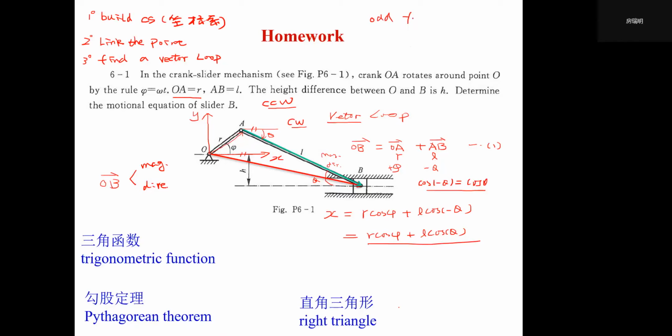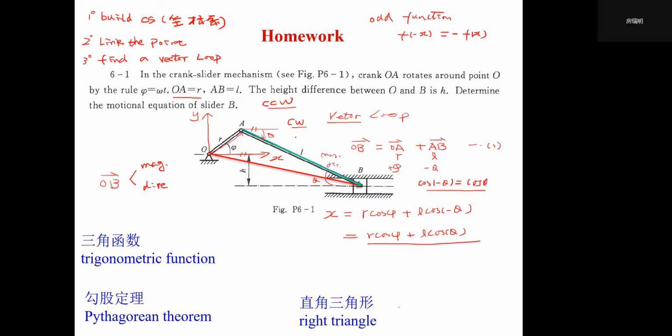If we set some odd function, then f of minus x will equal minus f of x.